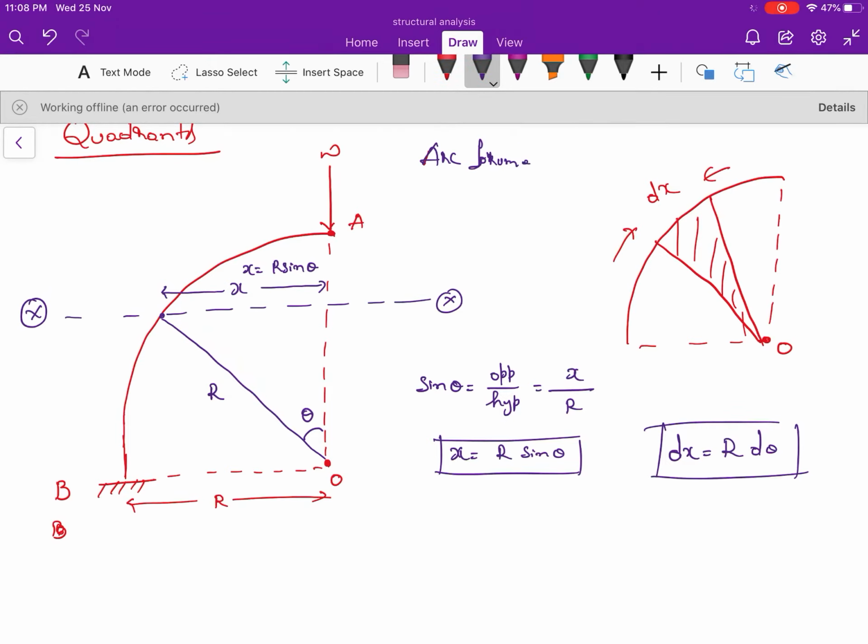After these two simplifications, we go directly into finding the strain energy. After finding the strain energy, we can make use of Castigliano's first theorem to find the deflection at that particular point.